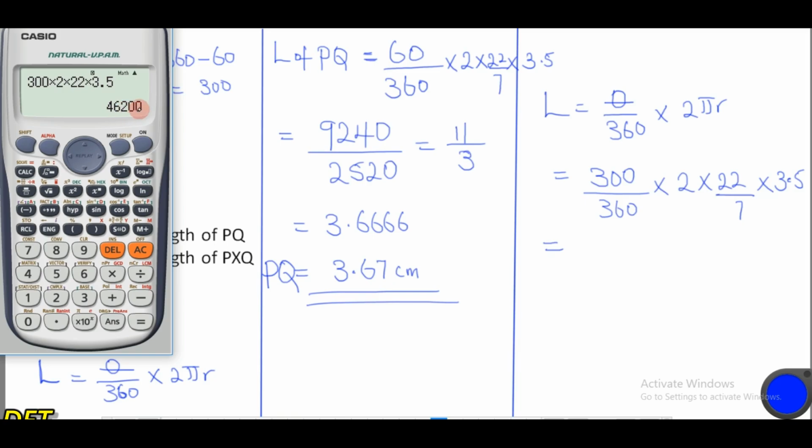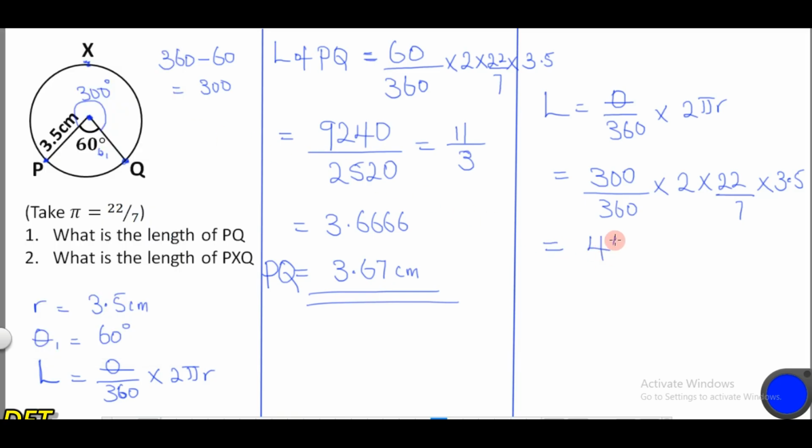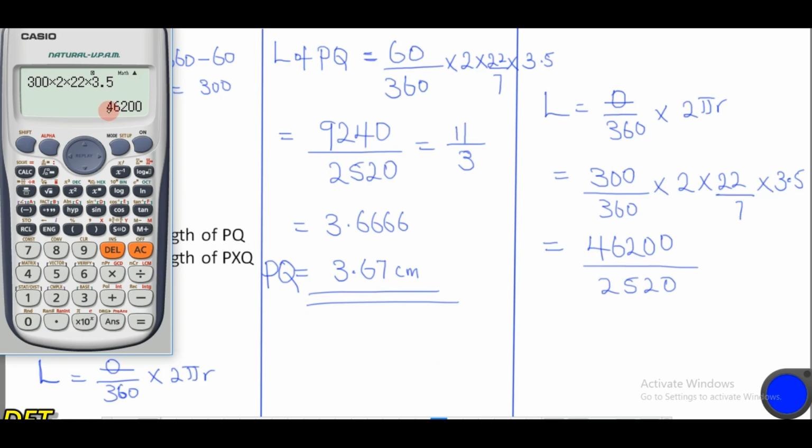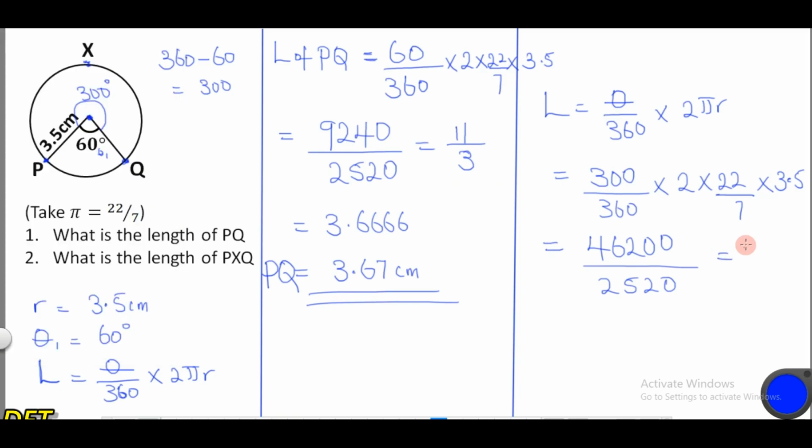Then 46200 divided by 360 times 7, which is 2520, will be equal to 55 over 3.